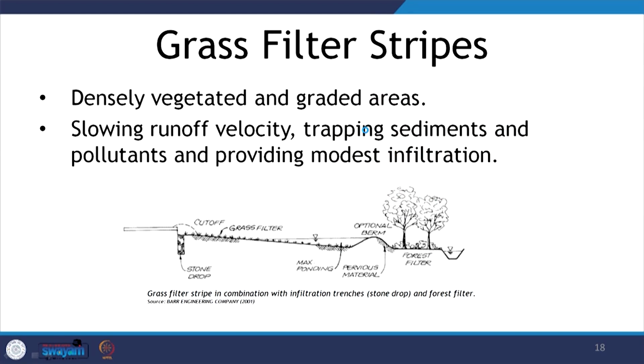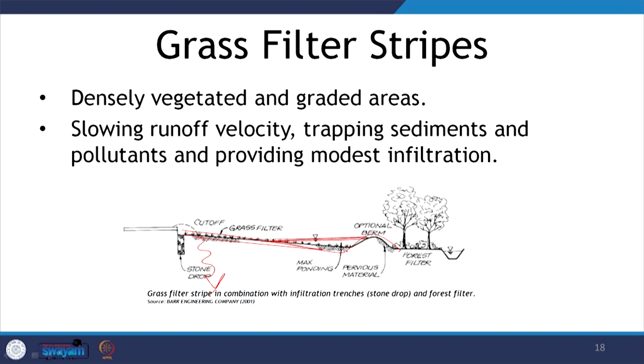A very similar thing, which again you would see near highways and roads, is a grass filter strip. What we have is a grass strip, which is gently sloping, and there is a berm which is created. So, it will hold the water, allowing for percolation and also for retention.